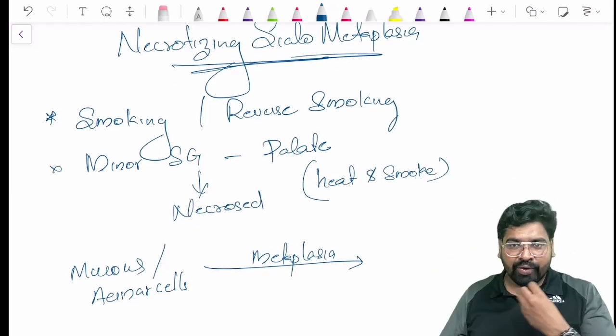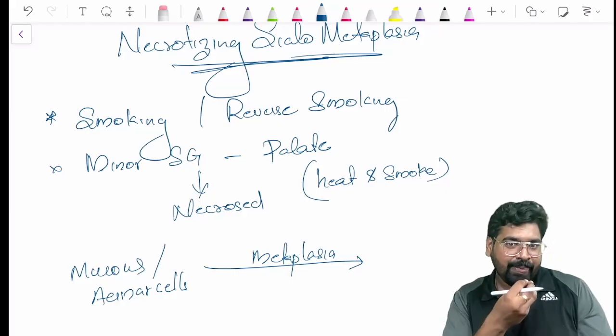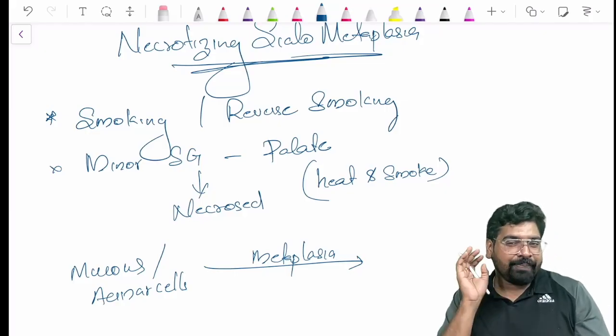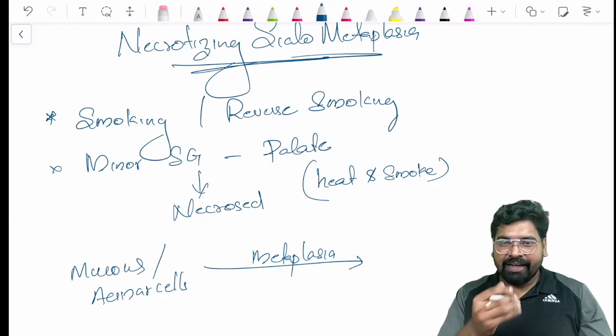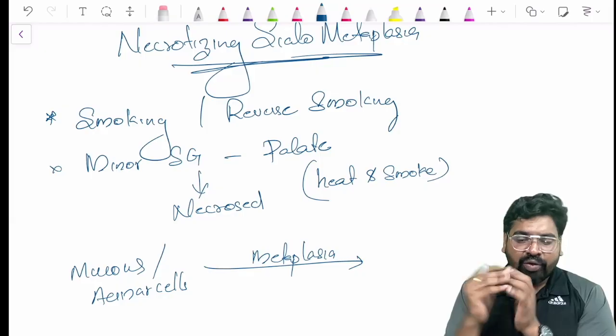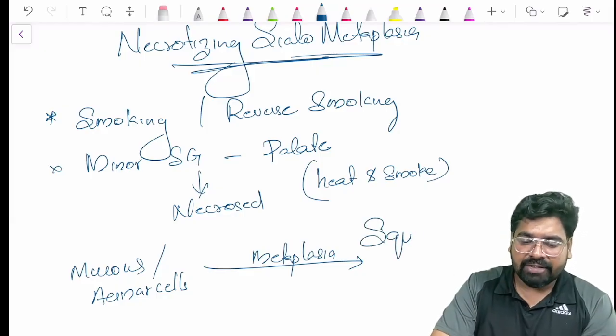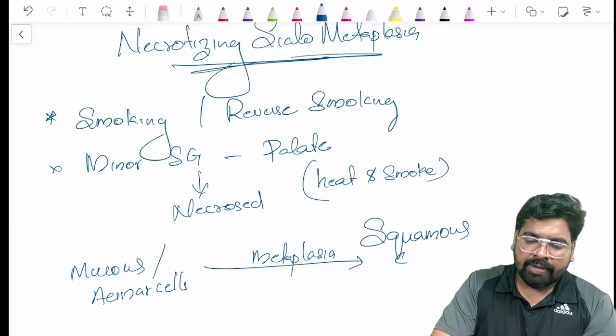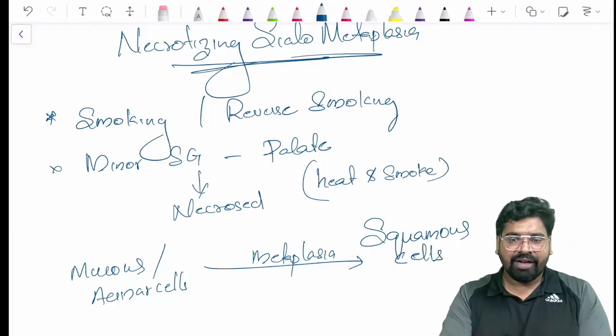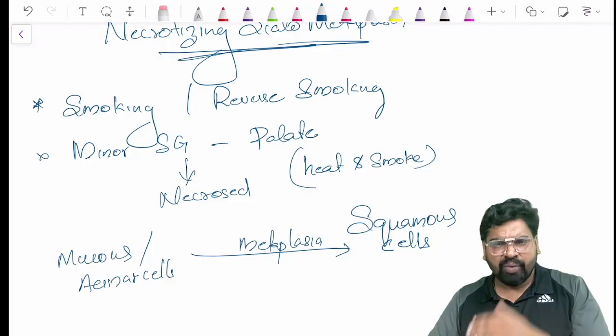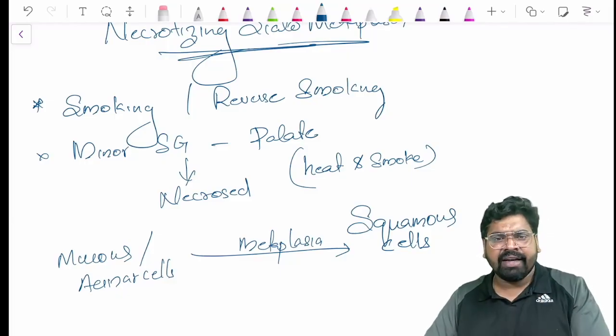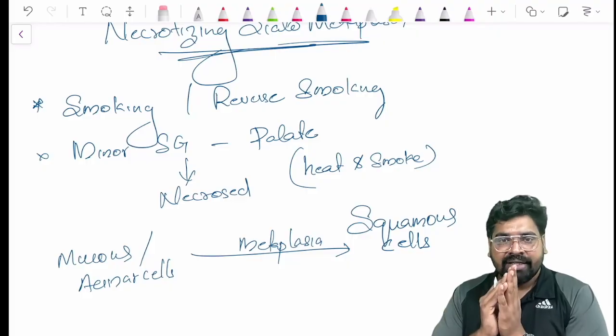In the oral cavity you can eat a little hot food, so the epithelium withstands a little heat. So they transform to squamous cells, to resist this heat. That is metaplasia.